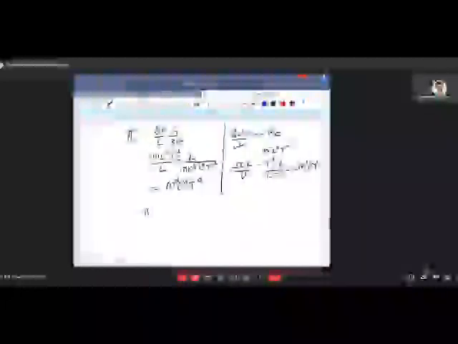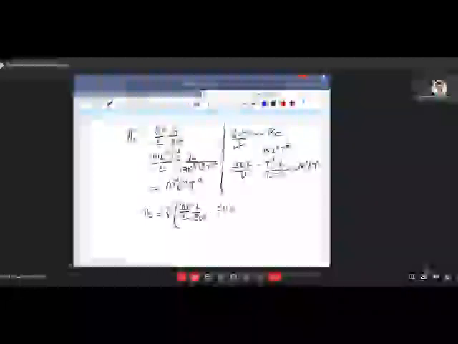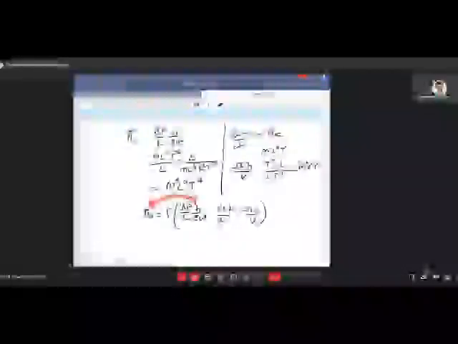So what we need to understand is, if we can write pi 4 as a function of the other terms, that is delta p by L times h by rho v square, comma rho v h by mu, and omega h by v, we can rewrite these equations by exchanging each of those terms.